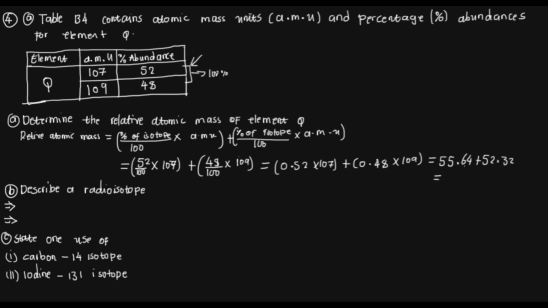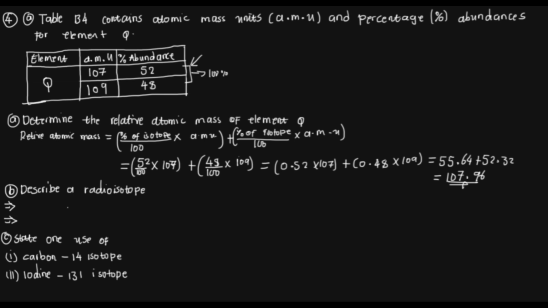If we add them, we get 107.96. So this is our answer. This is how you should calculate the relative atomic mass by using atomic mass units and their percentage abundance.